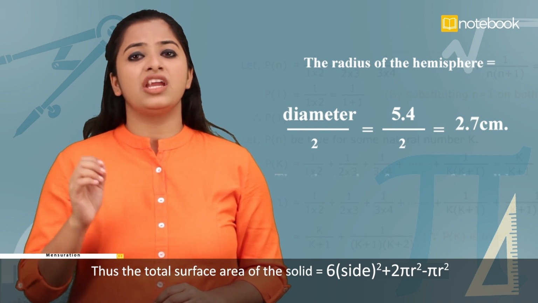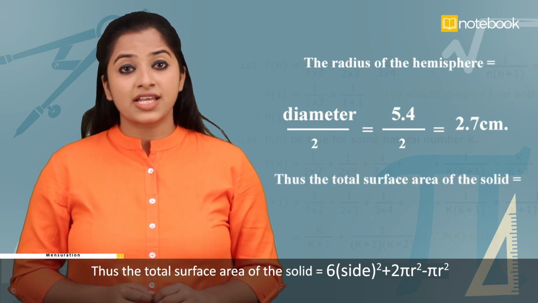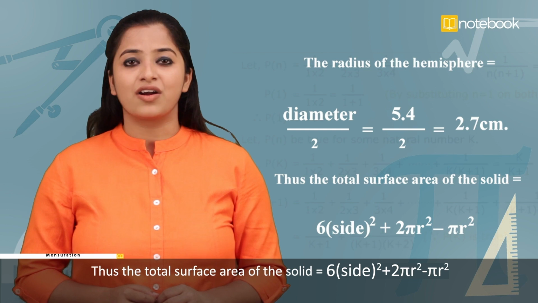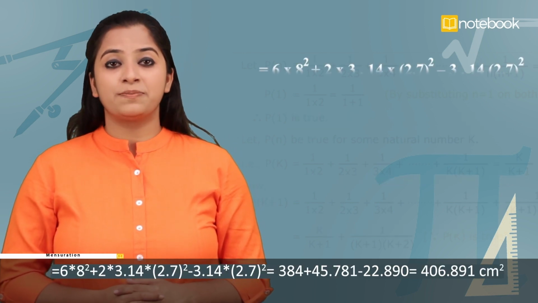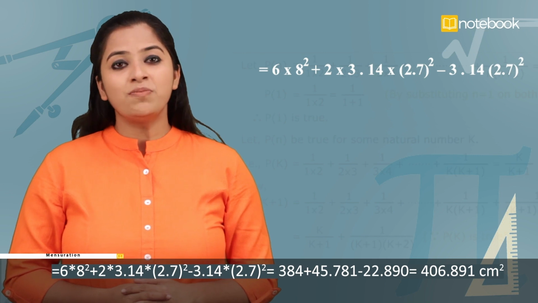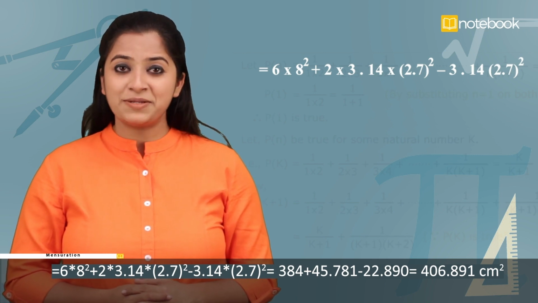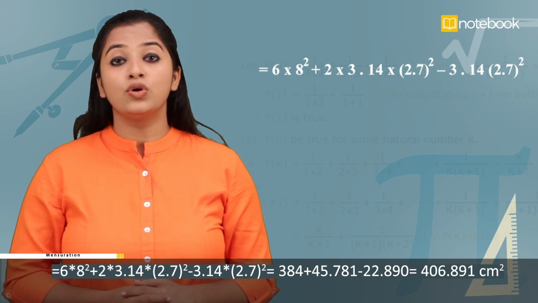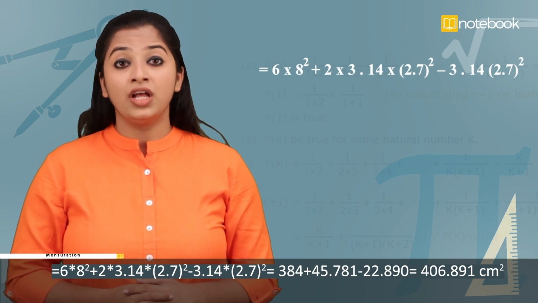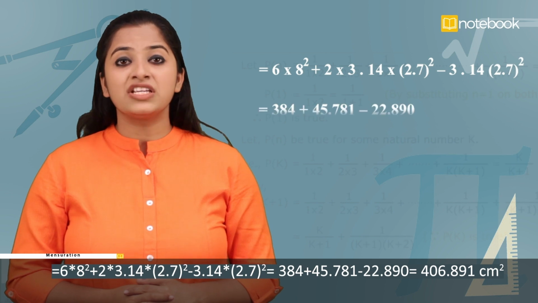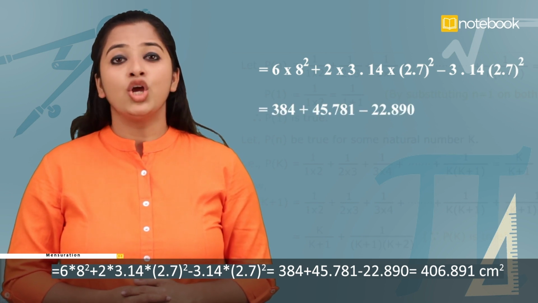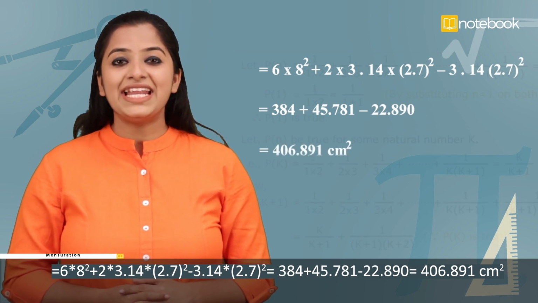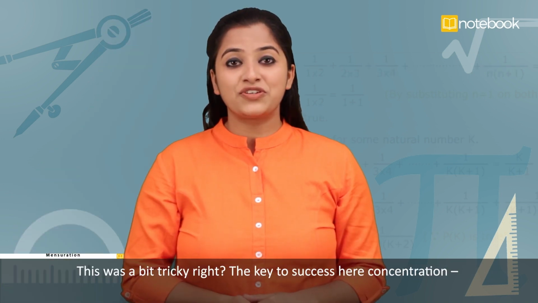Thus, the total surface area of the solid is equal to 6 side square plus 2 pi r square minus pi r square, which is equal to 6 multiplied into 8 square plus 2 multiplied into 3.14 multiplied into 2.7 square minus 3.14 multiplied into 2.7 square, which is equal to 384 plus 45.781 minus 22.890, which is equal to 406.891 centimeters square.